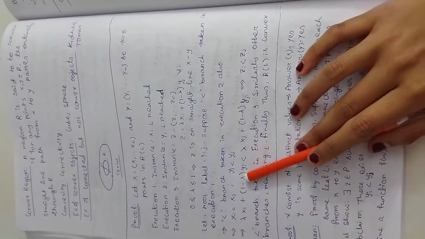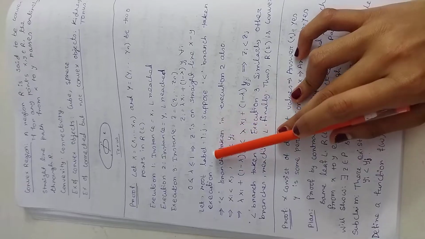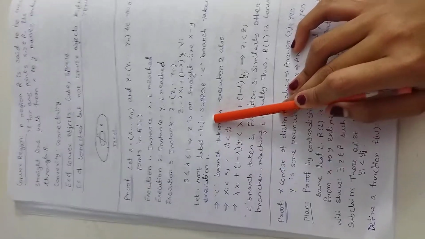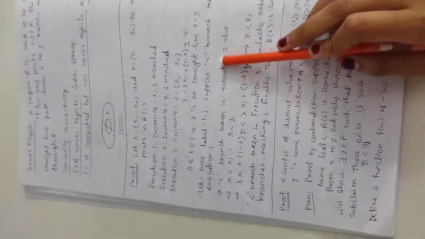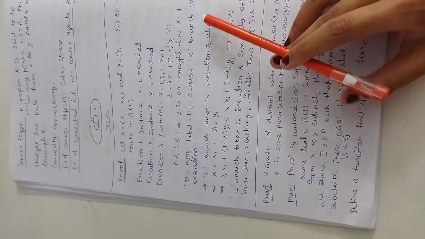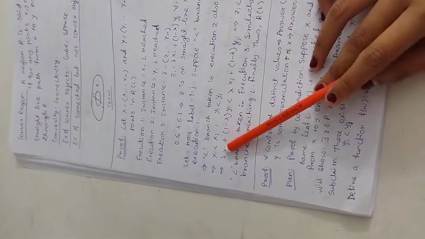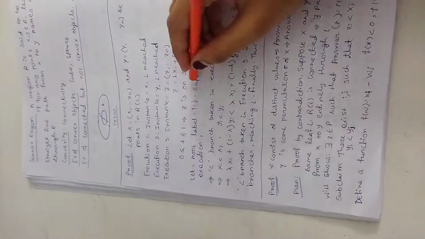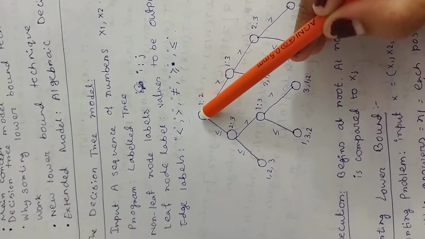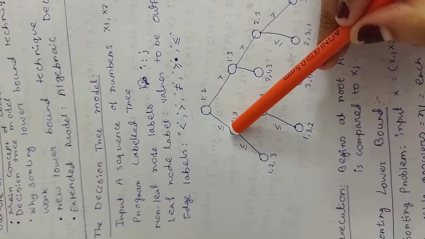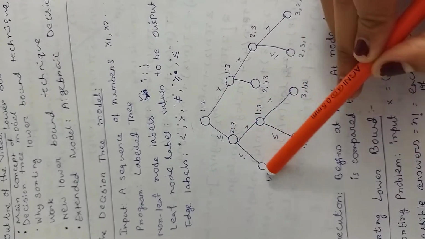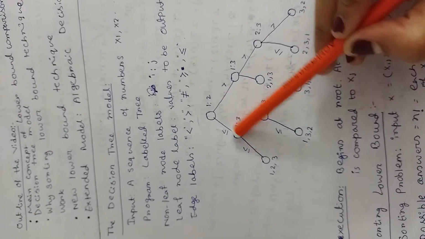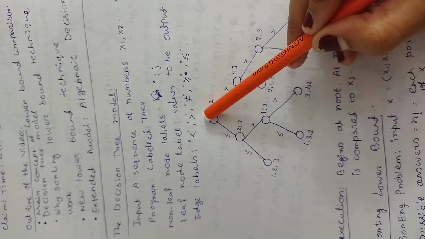Here, let the root level be i versus j, and suppose we are considering the less than branch in this execution. If from the root we go to the less than branch, then we have to traverse only the less than branch, otherwise we have to go back.